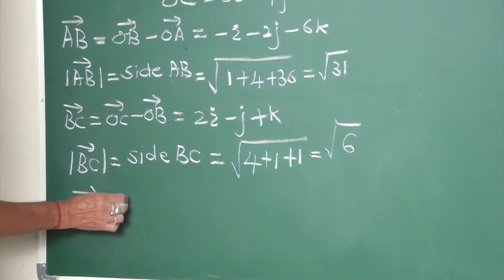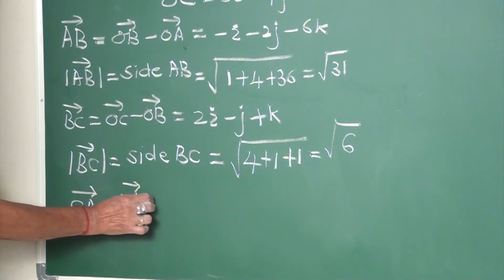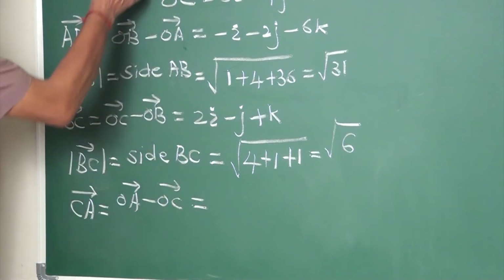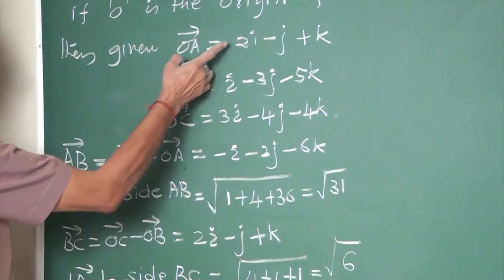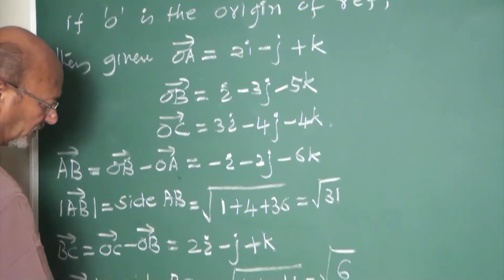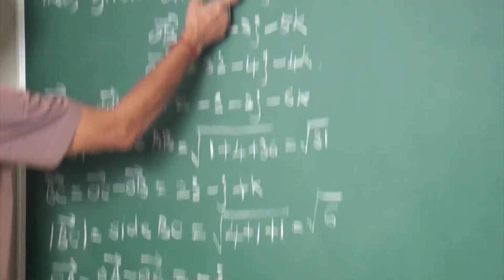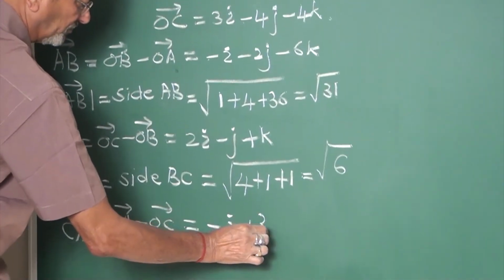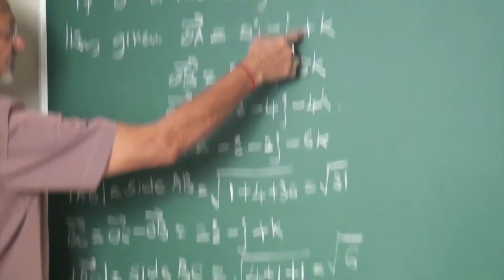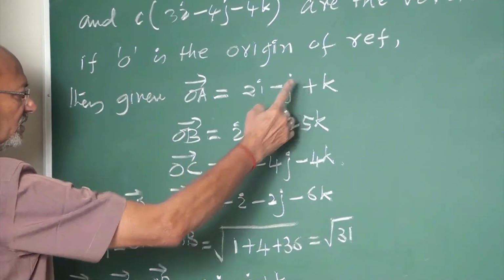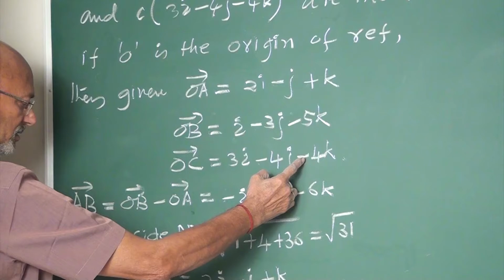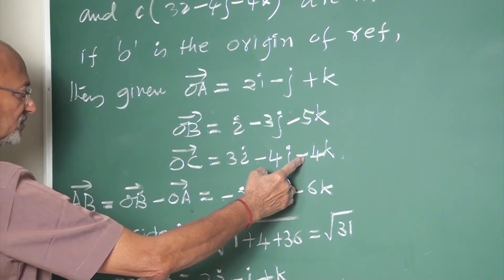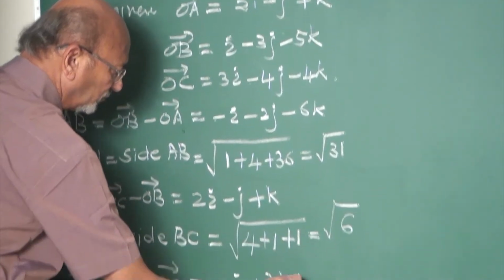Vector CA is OA minus OC: 2i minus 3i, minus j plus 4j, plus k, minus of minus is plus 4k, which is 5k.